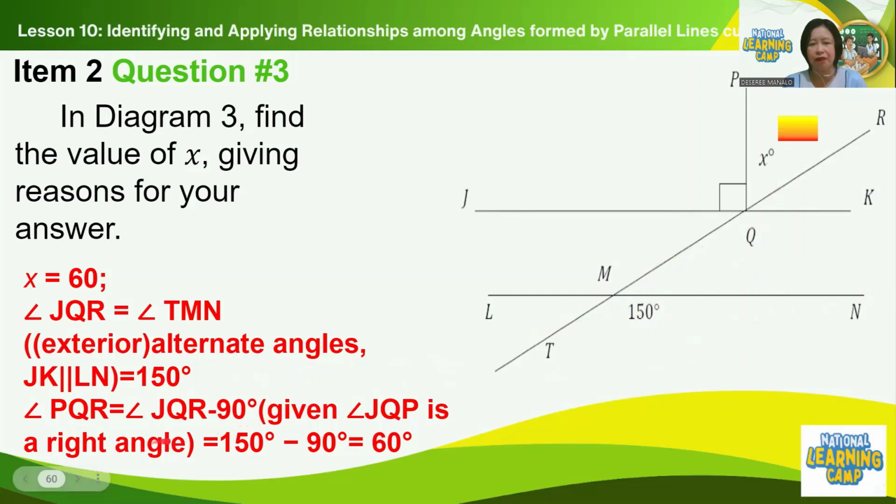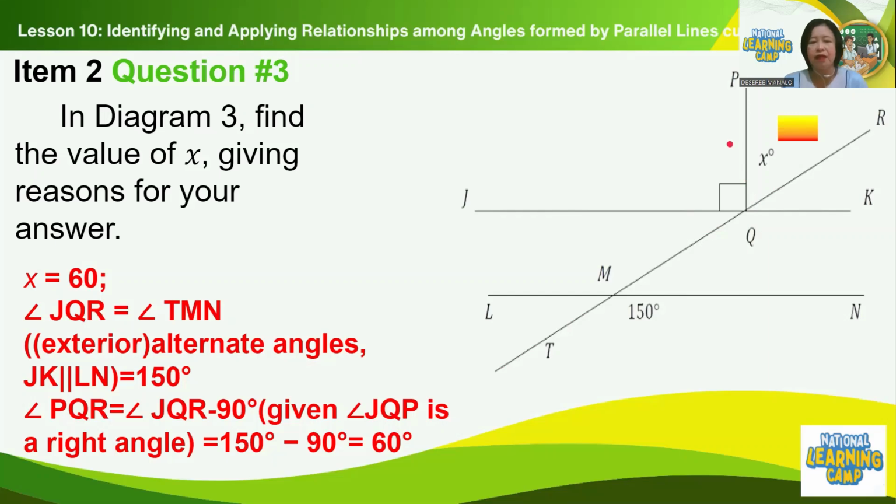Next, angle PQR is equal to angle JQR minus 90 degrees, given that JQP is a right angle. Where is JQP? This one, JQP, a right angle.